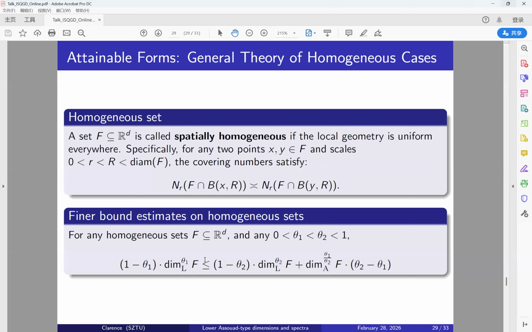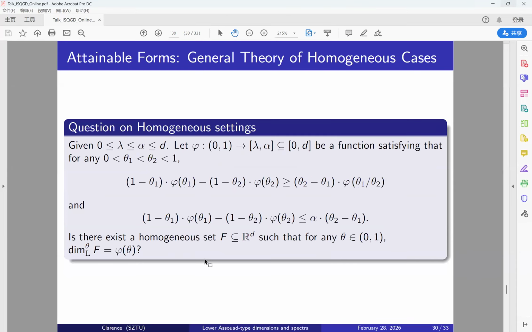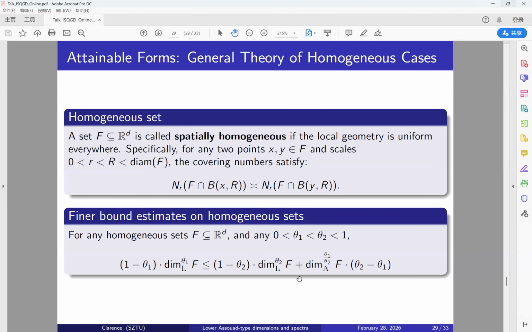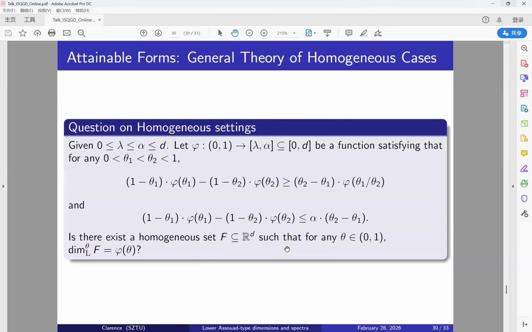Also, what more can we say about homogeneous sets? Can we replace the next inequality using homogeneous sets, and say something about the attainable forms, the classification of the lower spectrum?